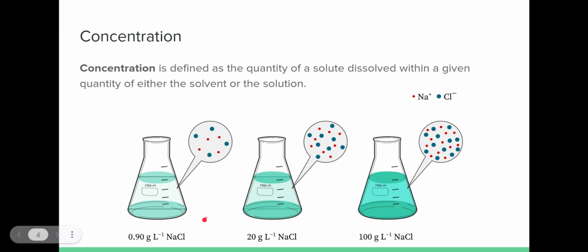One of the ways that it can be measured is how many grams of the solute are dissolved per 1 liter of solution. And when something becomes more concentrated, solutions simply just have more particles of the solute dissolved. So if something is more concentrated, it simply just has more of whatever that solute is in the solvent.